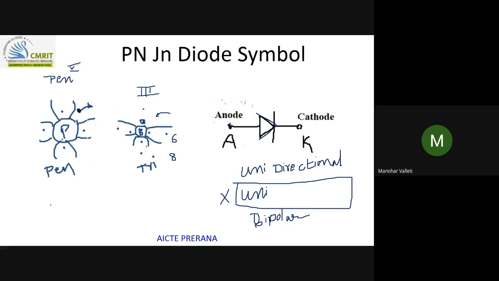So trivalent impurities we will represent, because as you know, any material is electrically neutral, meaning it will have an equal number of protons and electrons. But as the phosphorus is ready to give this electron, once this electron is lost, which will be more, protons or electrons?